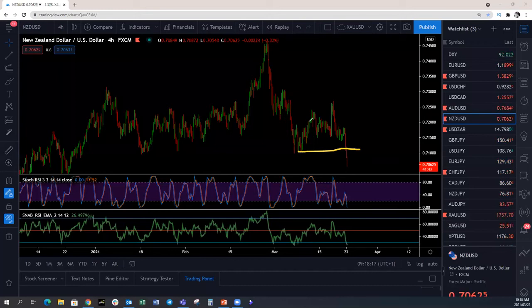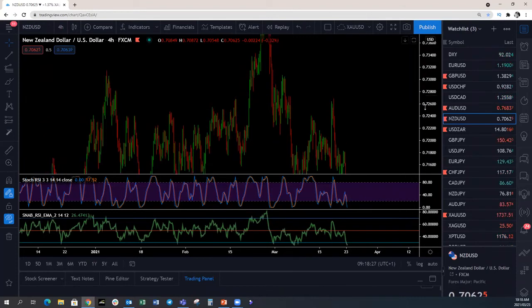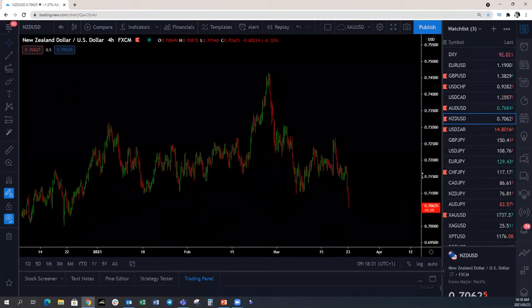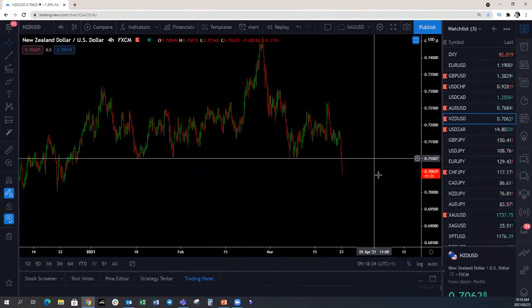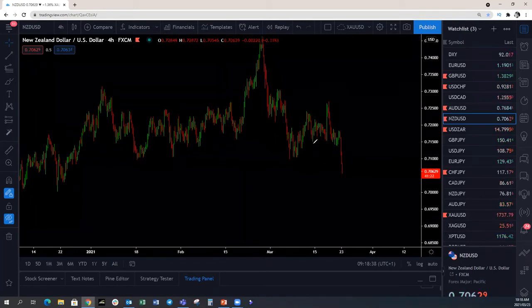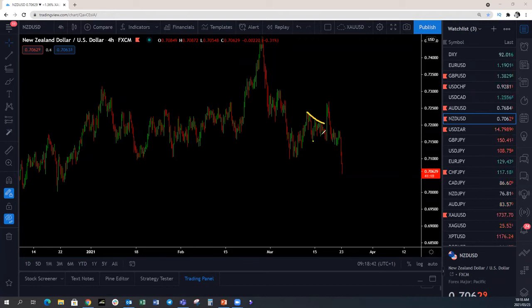As we've seen yesterday, let's have a look here. I'm trying to figure out the structure here, because this structure does not make any sense.